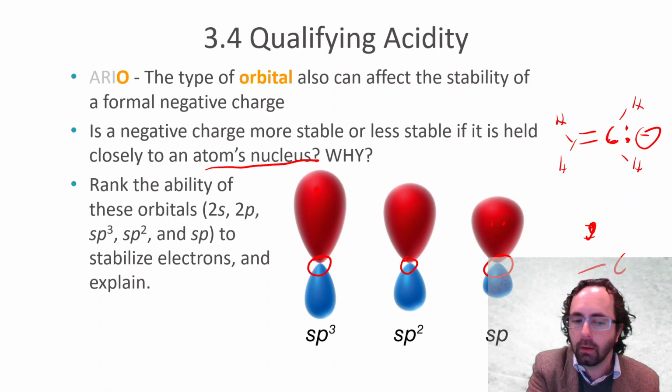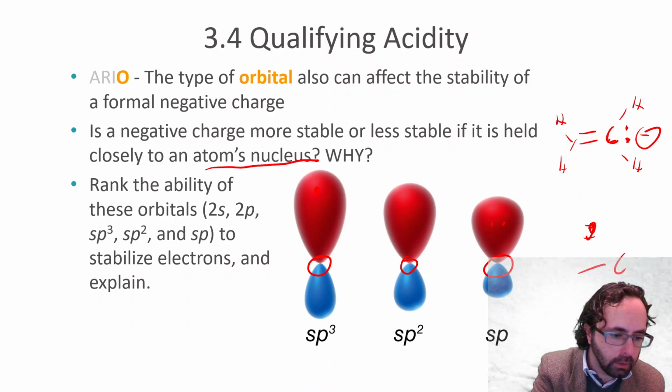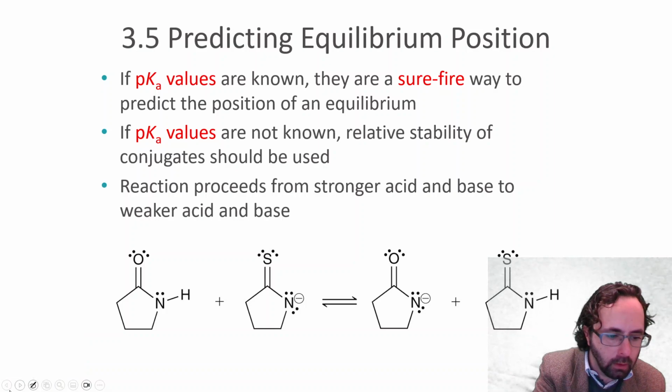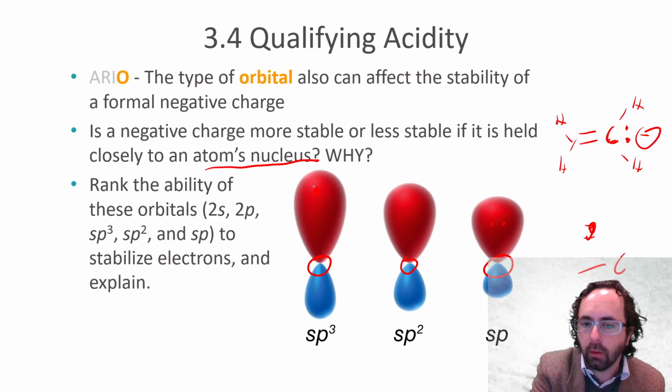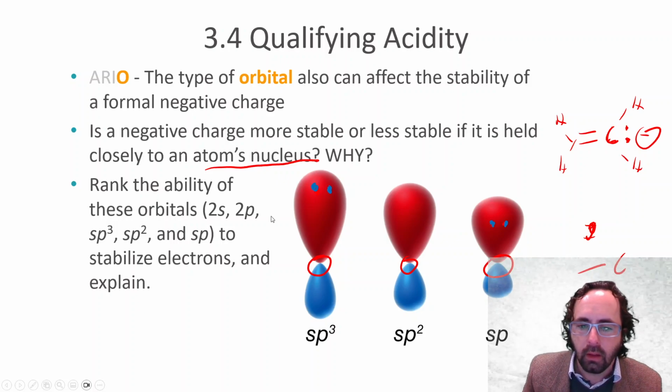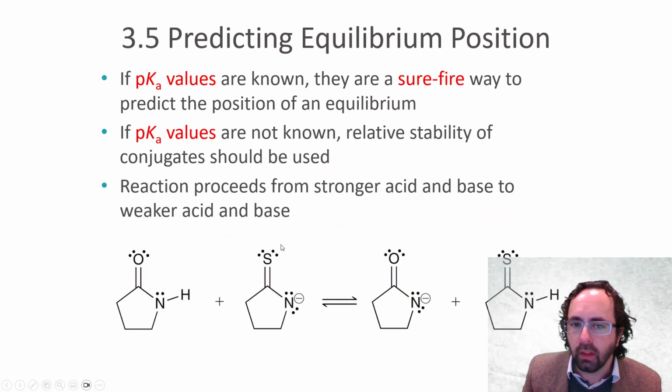If the electrons are way out here and the nucleus is here, they're not held as tightly as if they're here, and so they're not as well stabilized. And that's how we determine the relative acidities of these.